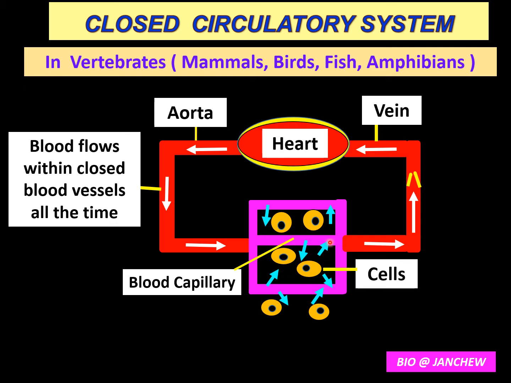So the whole blood never comes out from the blood vessels. And then after that, the blood will flow back to the heart via the veins. So in the closed circulatory system, there are no open-ended vessels which allow the blood to flow out and bathe the body cells.